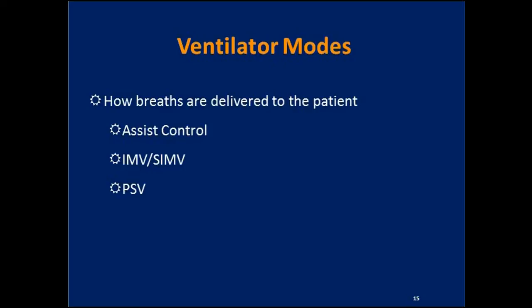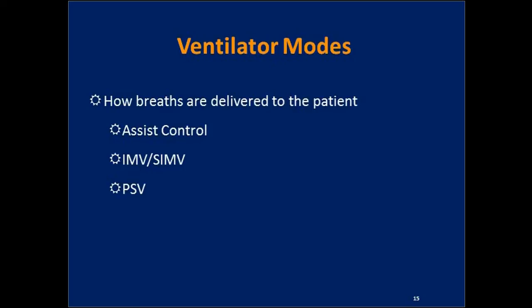With assist control mode, the patient has the ability to take a spontaneous breath if they want to, but when they take that breath, the ventilator will give them whatever that preset tidal volume is. And there's no coordination between the breaths that the patient takes and the breaths that the machine gives.